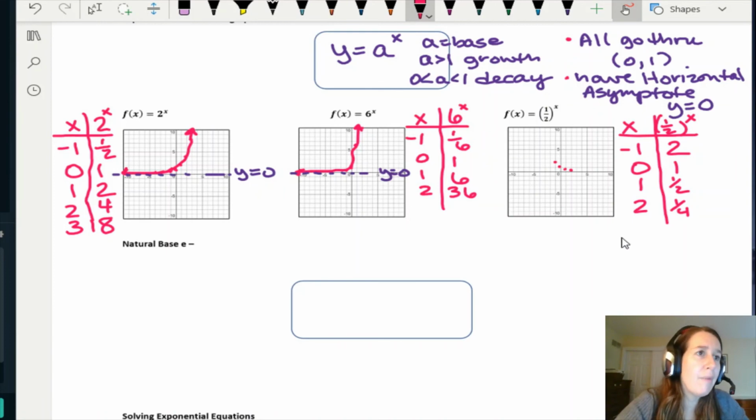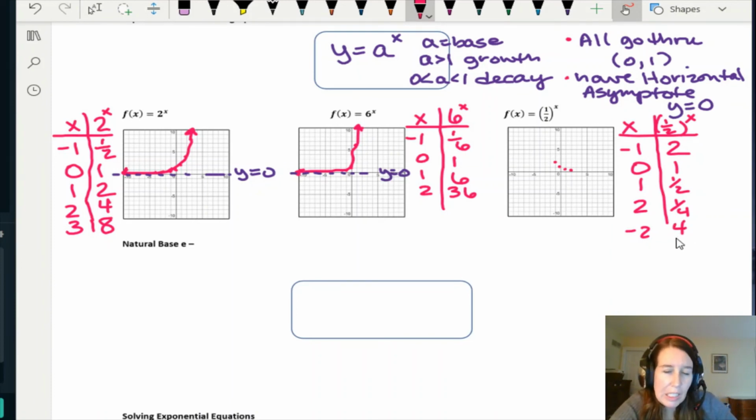Okay, so I might want to even put in -2. So 1/2 to the -2 power is 4. If you're not confident about those negative exponents, of course you can check them with your calculator, right? But we'll also be working on them quite a bit in this chapter or unit.